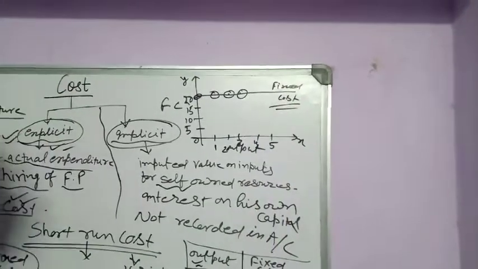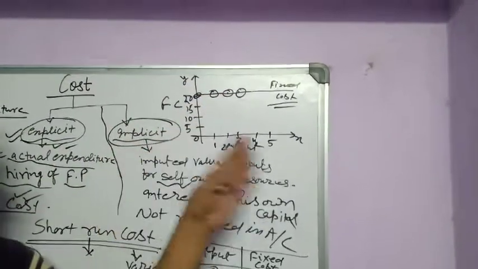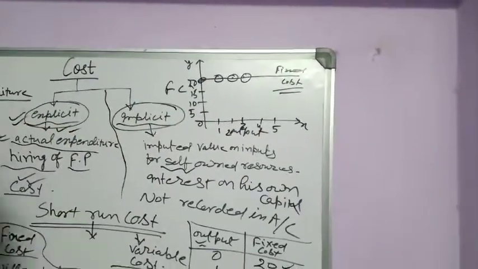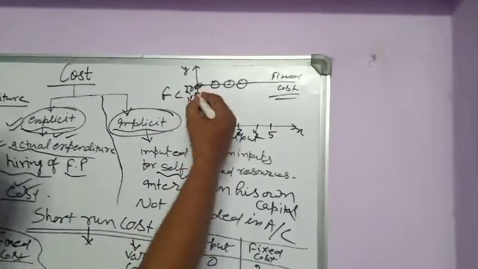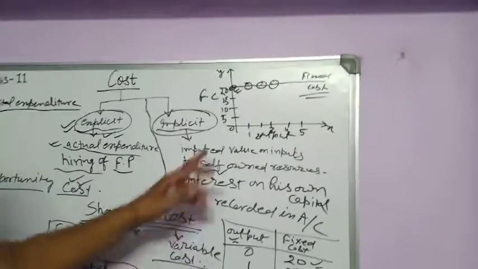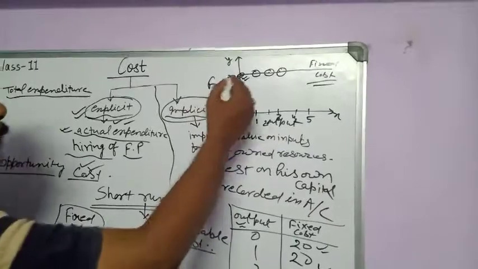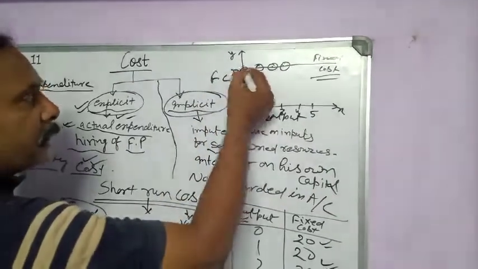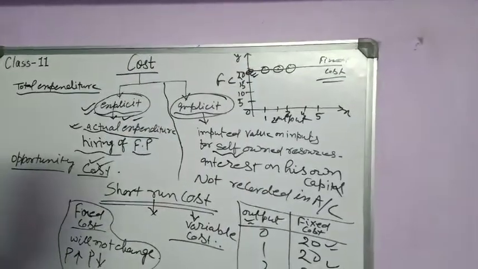Is it clear? Point number 1, fixed cost will always be parallel to the x-axis, whether the production increases or decreases. Second point, which is the most important, fixed cost is never zero. That's why it does not start from the origin, it always starts from the y-axis. Clear? And this is known as fixed cost.